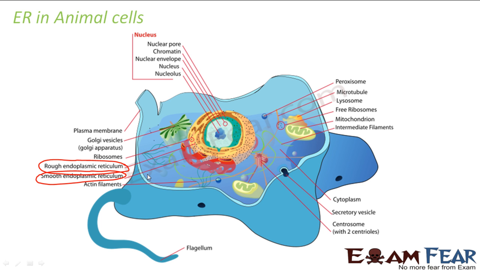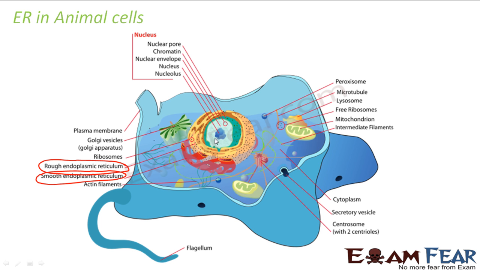So from here, can you locate where the endoplasmic reticulum is located? If you see, this portion is the nucleus. This green colored structure is actually the nucleus, correct? So this dark green structure is the nuclear membrane, which has these dotted structures representing the nuclear pores. We have already spoken about all these things, right?